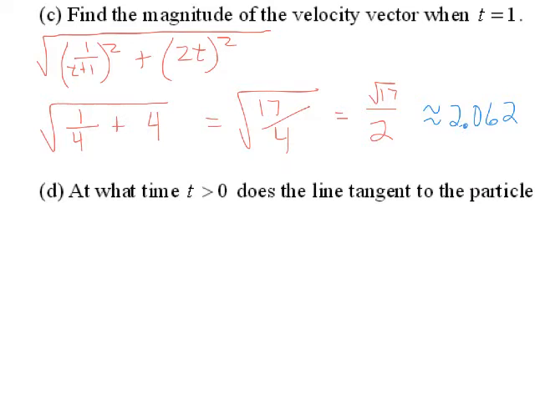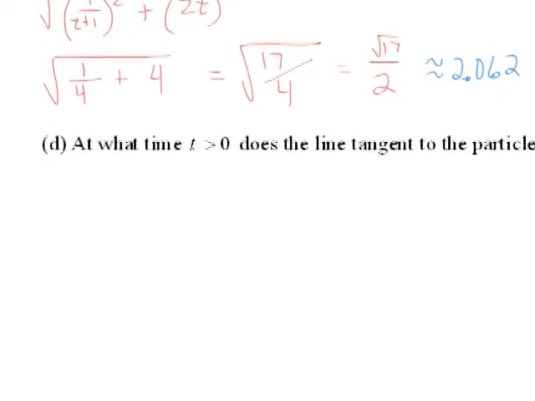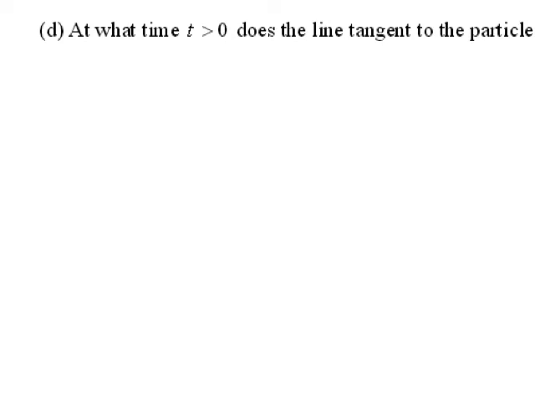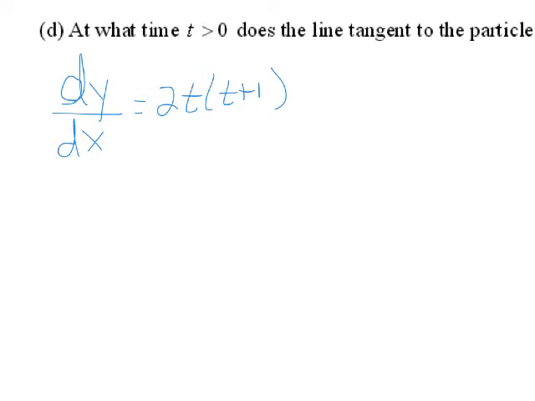Alright, and finally in the end it says, at what time does the line tangent to the particle have a slope of 12? Well, we've already found the equation for the slope. We know the slope of the line is, per part B of this problem, 2t times t plus 1. And the question is asking, when does the tangent line have a slope of 12? So very simply, we set this equal to 12 and go about solving it using standard algebraic approaches.